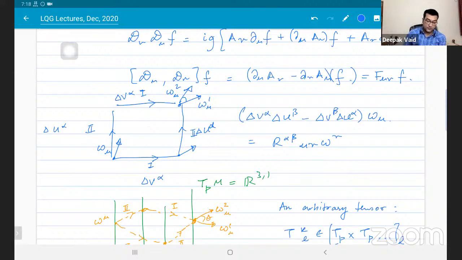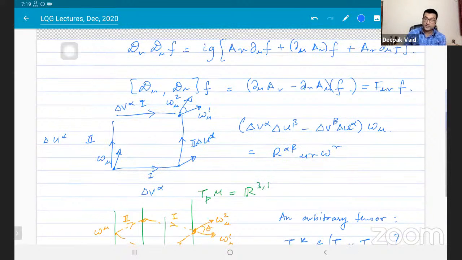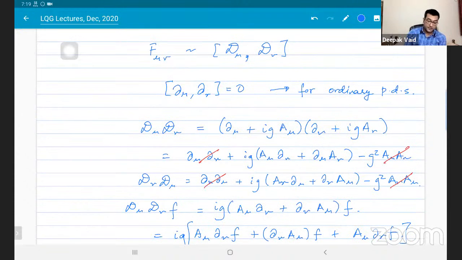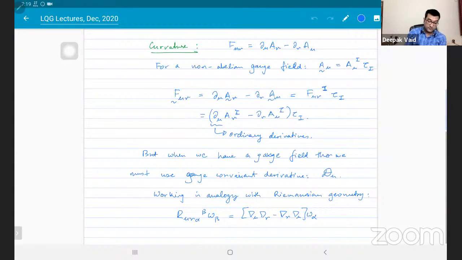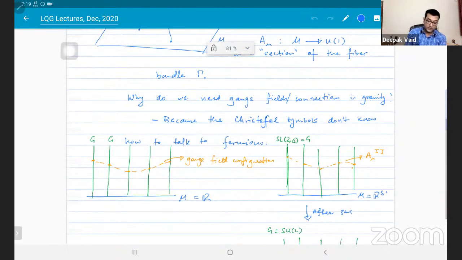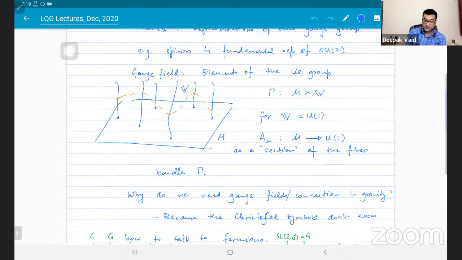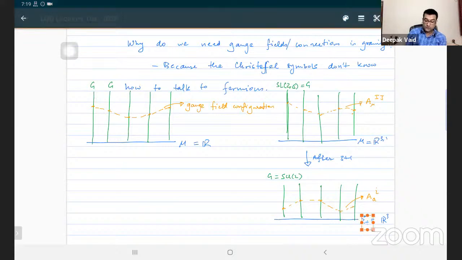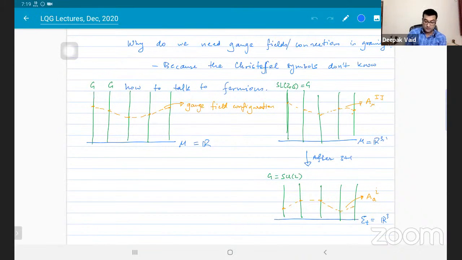So if I attach a Lie group at each point, then my fiber bundle looks the same. It looks like my base manifold. In this case, let's say R3, and my fiber is SU2, right?